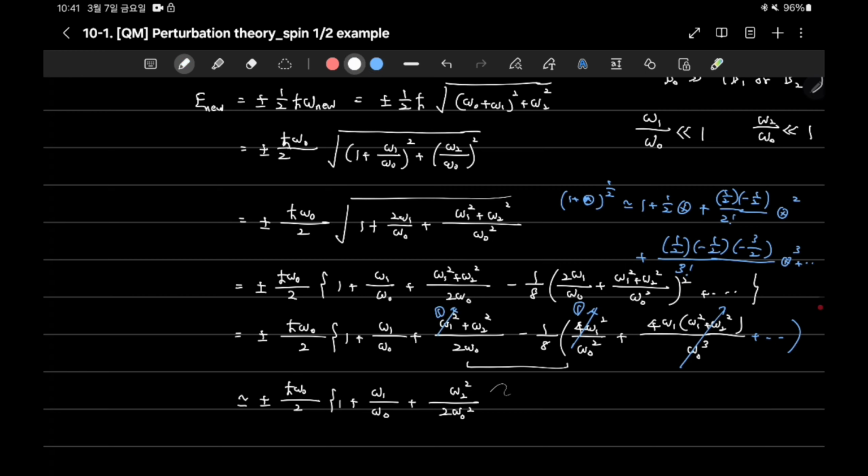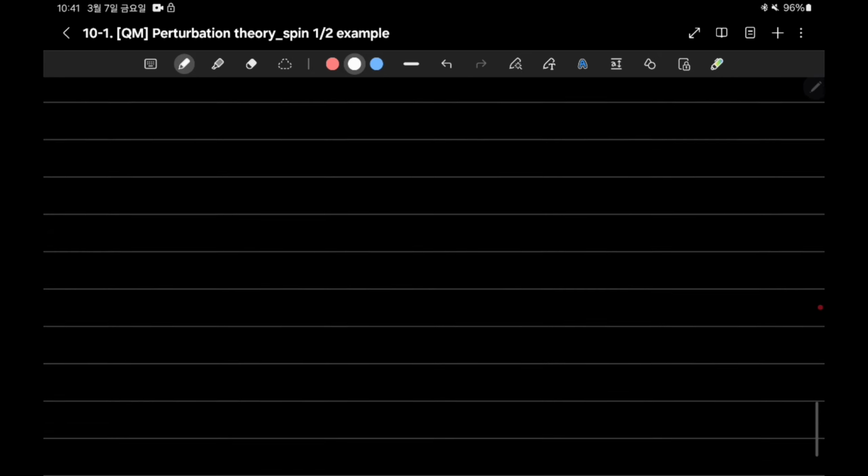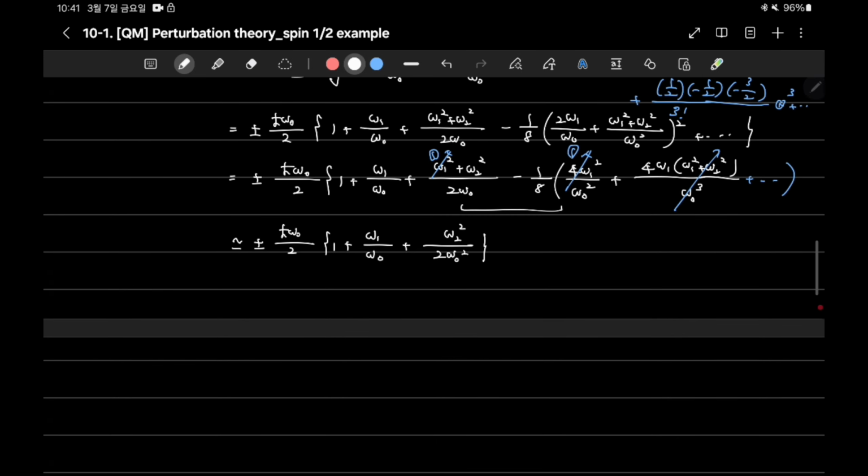When written like this, here is the exactly solvable E0, the zeroth order energy, and we call this the first order energy because it is of order 1, and this is the second order energy.